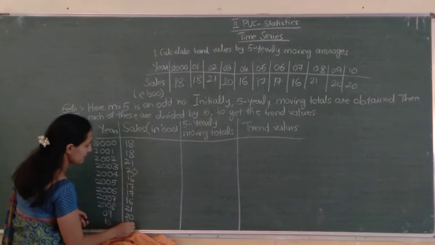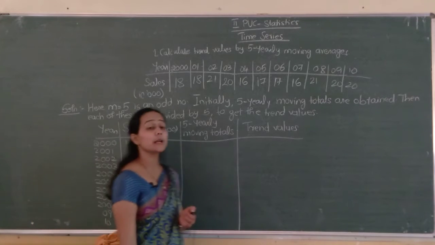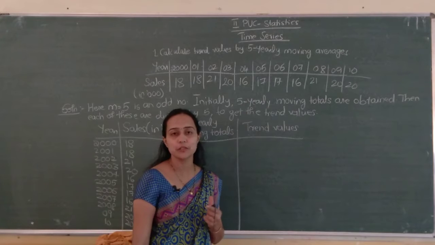Okay. First we have to compute 5 yearly moving totals.